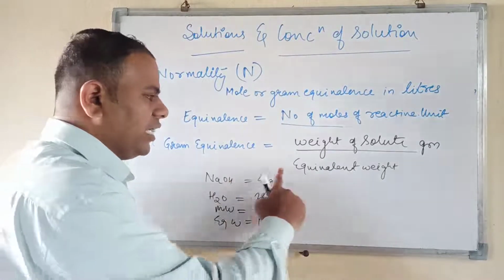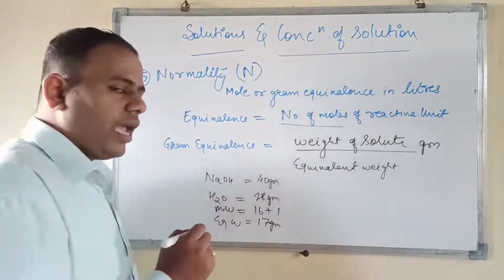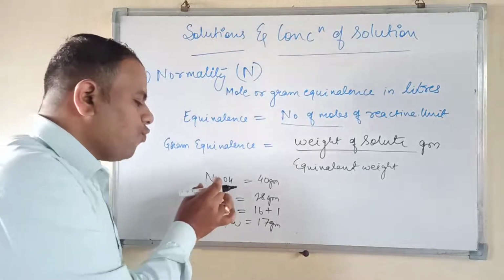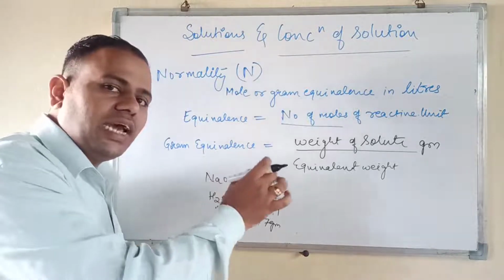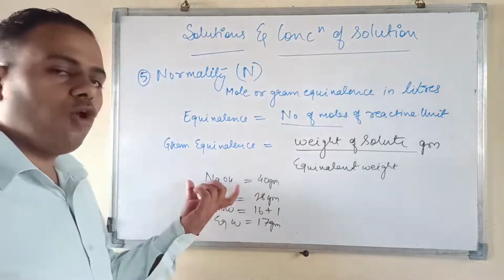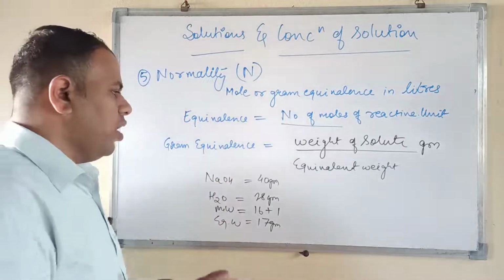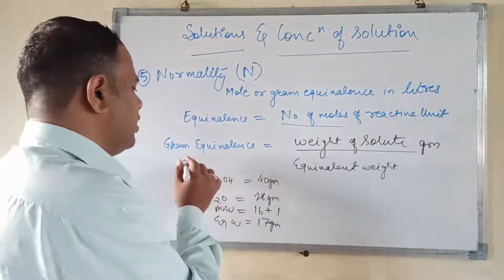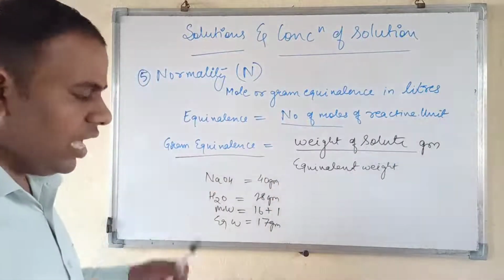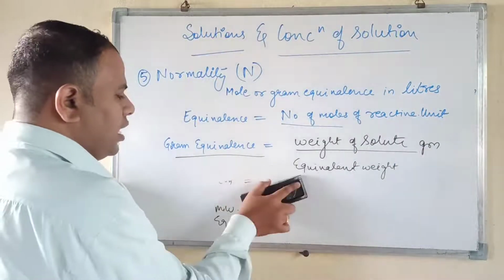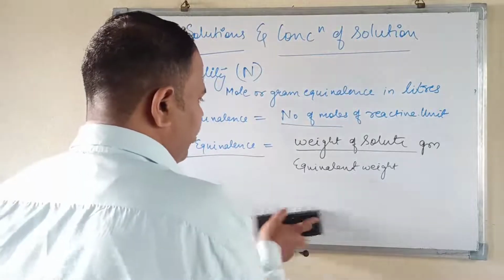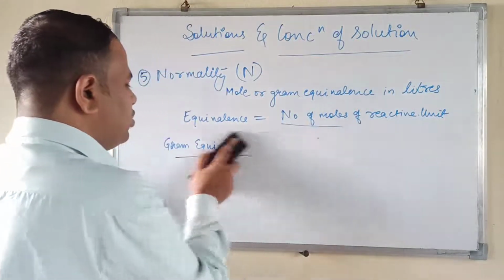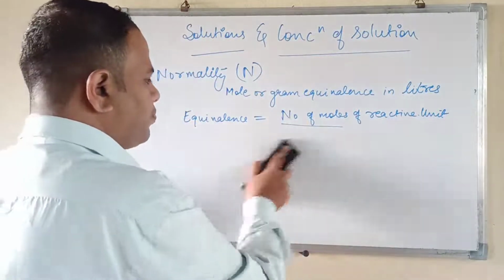Remember, while taking the equivalent weight, you have to calculate the mass of only each single atom present in the formula of that particular compound. When you divide the total weight by the equivalent weight, you will get the gram equivalence. I hope you have understood what is gram equivalence.